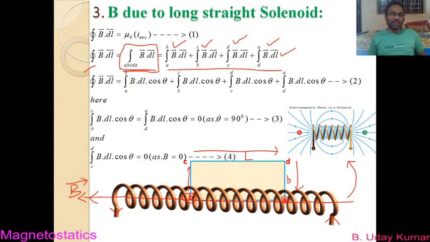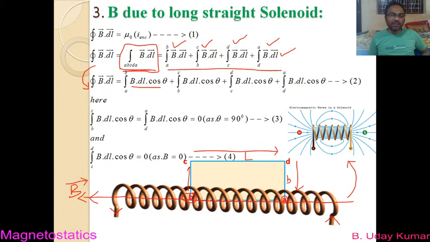So again the next step I can write it like this. Integral B dot dl, you know that B dot dl is the dot product of magnetic field and the length element that I am considering, right? The dot product of two vectors A and B is AB cos theta, and hence B dot dl I can write as B dl cos theta. You know this formula.